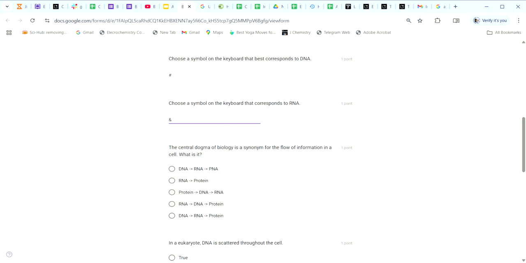It describes the flow of genetic information in biology: DNA to RNA to protein. That is the correct answer.